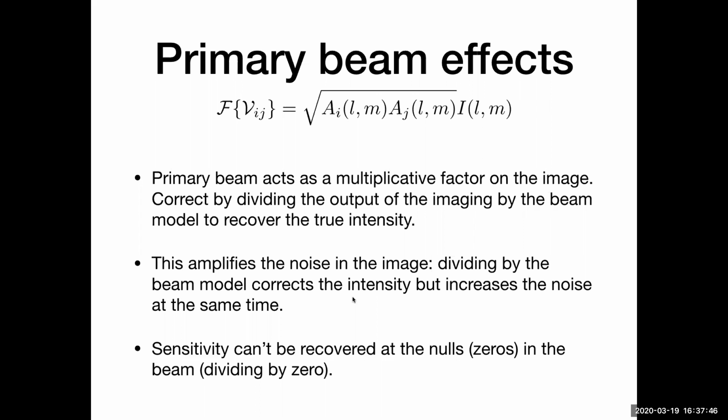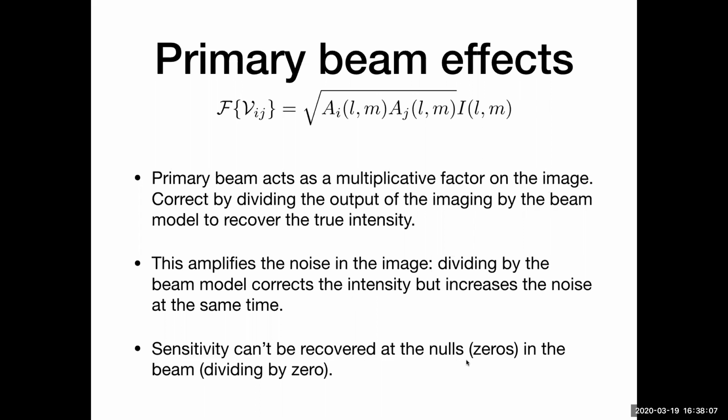The second consequence of this is that if your beam has nulls, places where it goes to 0, you can't recover that sensitivity, because you'd be dividing by 0. If your sensitivity is 0, you have 0 information in that direction, and you just can't recover it no matter what.